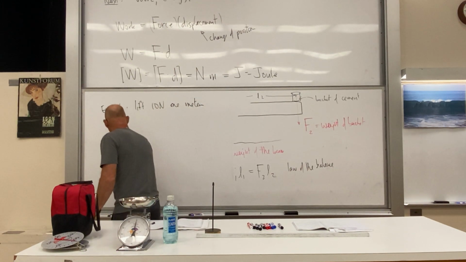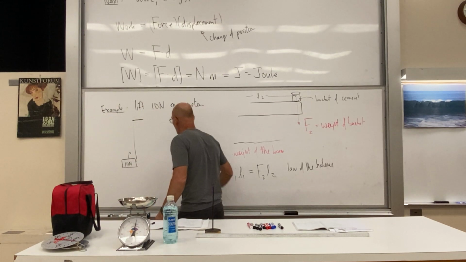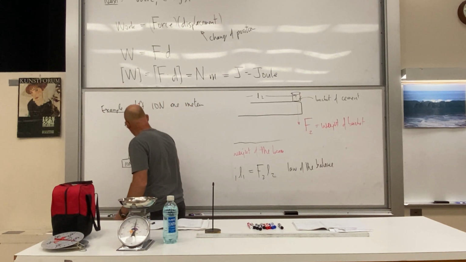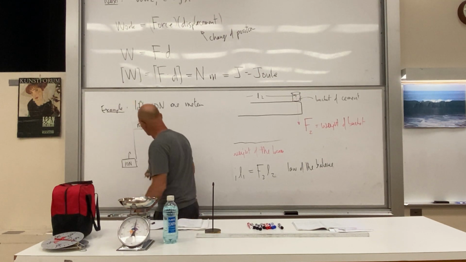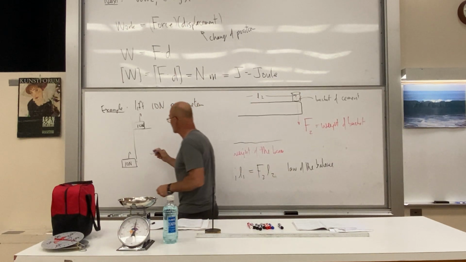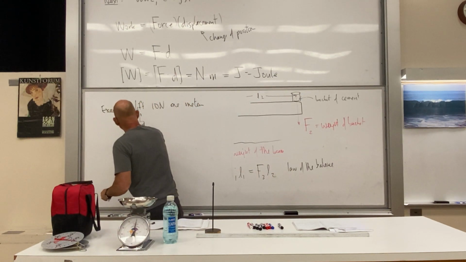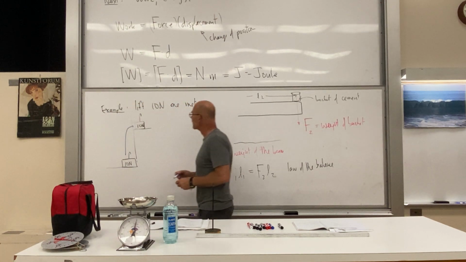And I'll even draw my 10 Newton weight here, and I lift it. I can even say I lift it and put it up on a shelf. Here's the shelf. 10 newtons, there's the hook on it, right? And I brought it up there. So that is the definition of work. It's not quite complete, but it's a start.